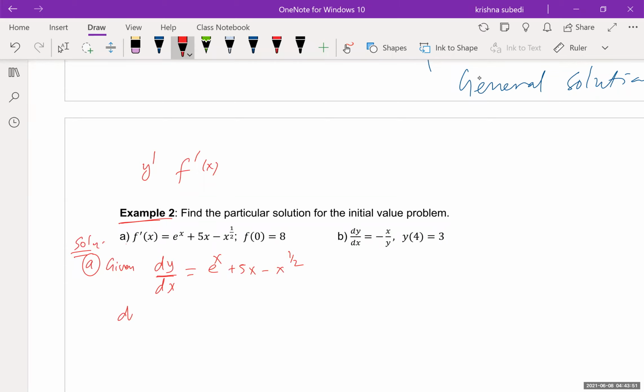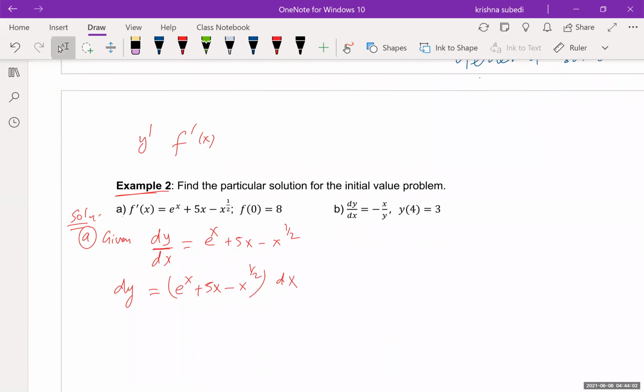Okay, and then we can separate: dy equals e to the x plus 5x minus x to the power half dx. Okay, again, we are able to separate them. So now the second step is integration.